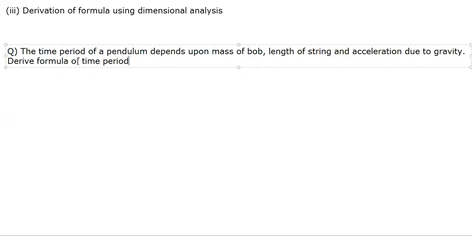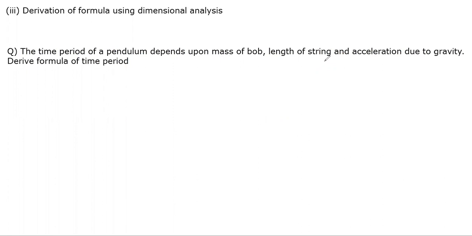So there's a question over here. The time period of a pendulum depends on the mass of the bob, the length of the string, and the acceleration due to gravity. Derive the formula of the time period.